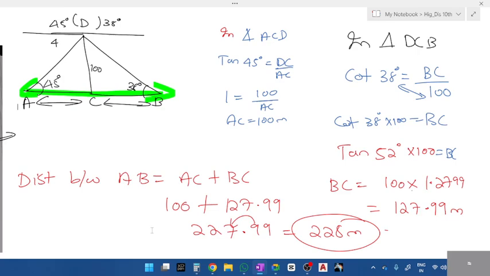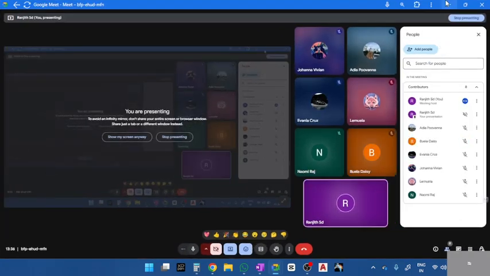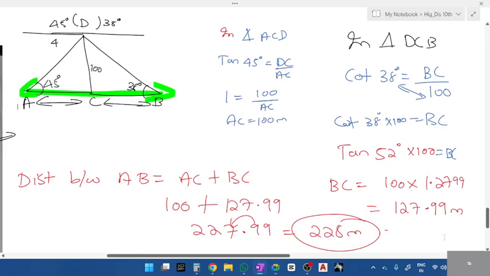Monday, right? See, those who have to submit project. Okay, first complete this, students. Complete and let me know. Complete this.